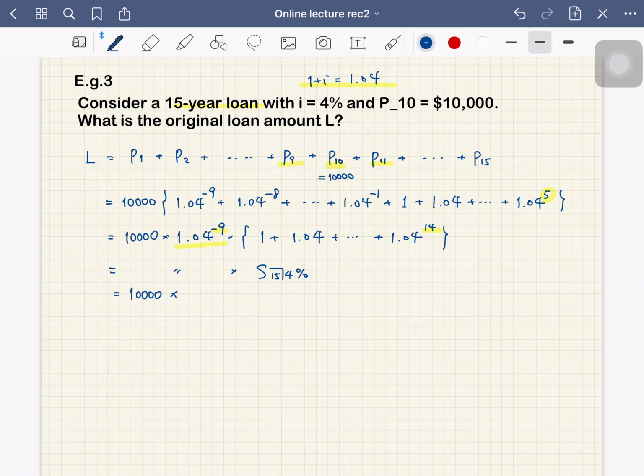This is 0.70259, and this s is equal to 20.0236, which is equal to $140,683. So this is the answer.